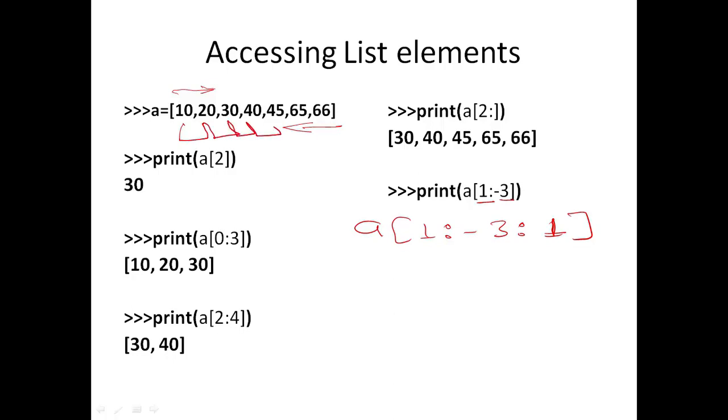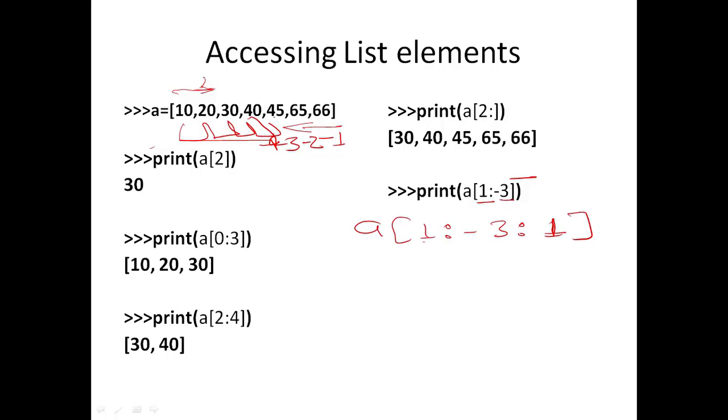A +1 step also means we go one element at a time, that means we do not skip any element. The starting index will be 1, which is here, and we have to stop at index -3. Let's write the negative indexes here: -1, -2 and -3, and this will be -4.